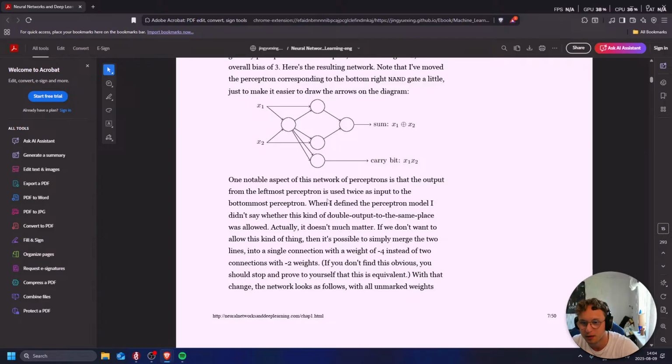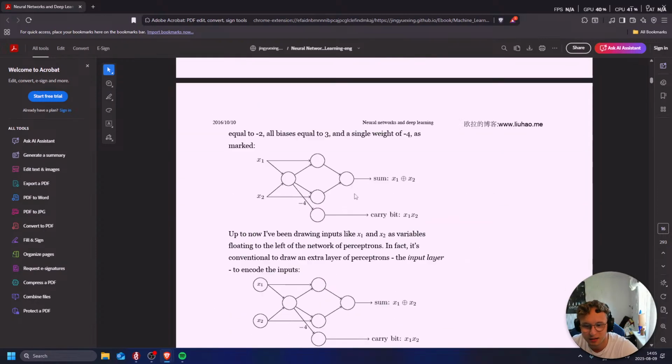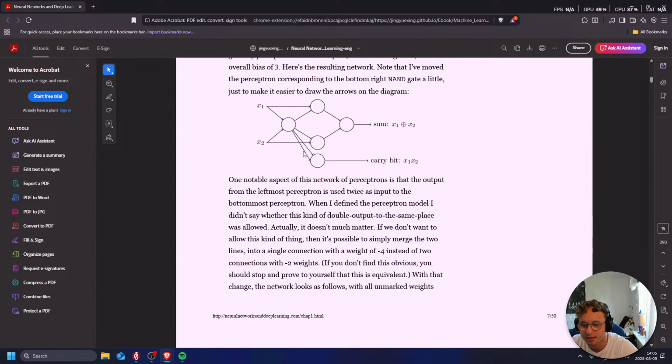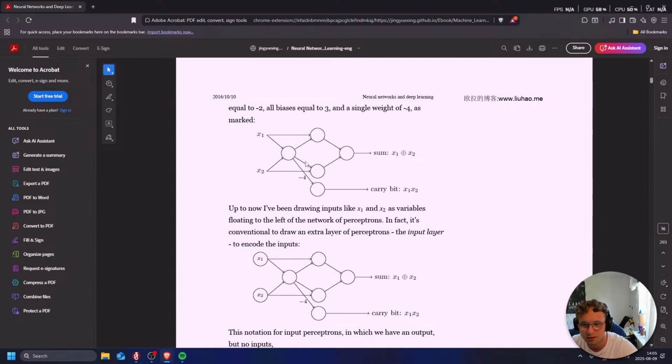So one notable aspect of this network of perceptrons is that the output from the leftmost perceptron is used twice as input to the bottommost perceptron, because here we have 2 arrows. When I defined the perceptron model, I didn't say whether this kind of double output to the same place was allowed, but it actually is. It doesn't really matter. So he basically adds these 2 arrows together and adds the weights together.